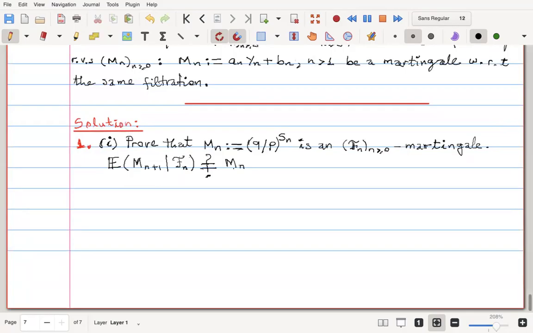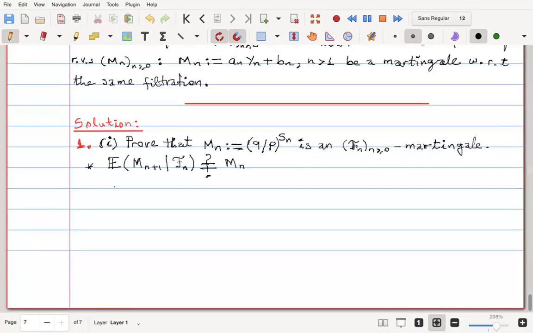So do we have this equality? That's the question. It has to be the case, because we are asked to prove that it is a martingale, so this property has to hold. Obviously, I'm skipping something. Remember, when we are proving that a sequence is a martingale, don't forget that there are three properties that we have to prove in total.